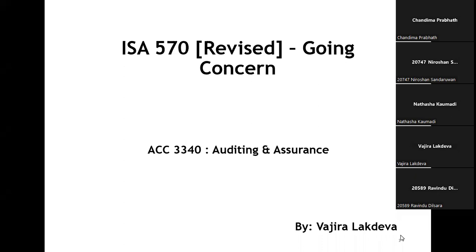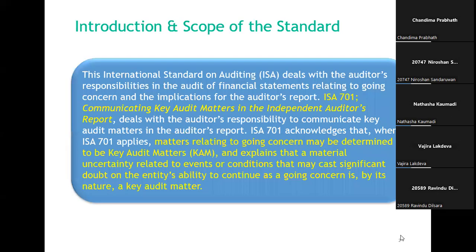In most organizations, we need to critically assess whether the use of the going concern assumption, which is one of the fundamental accounting principles, in preparing the financial statements is appropriate or not. This ISA deals with the auditor's responsibilities in the audit of financial statements relating to going concern and the implications for the auditor's report.